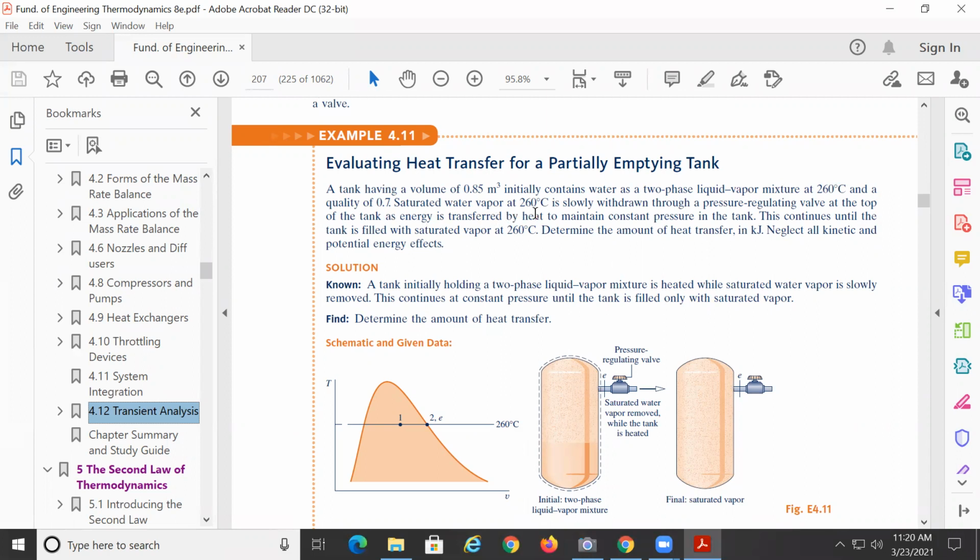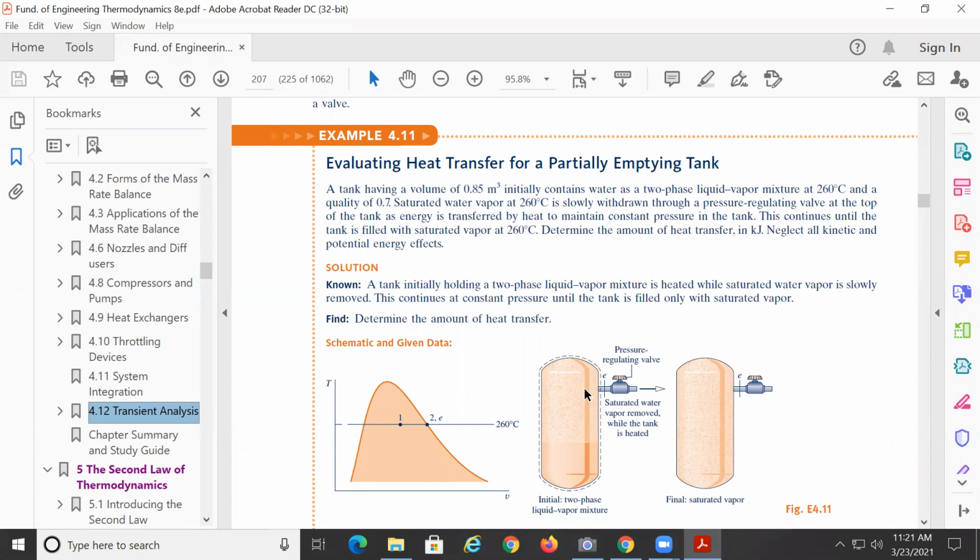Water vapor at 260 is slowly withdrawn through a pressure regulating valve at the top of the tank, as energy is transferred by heat to maintain constant pressure.